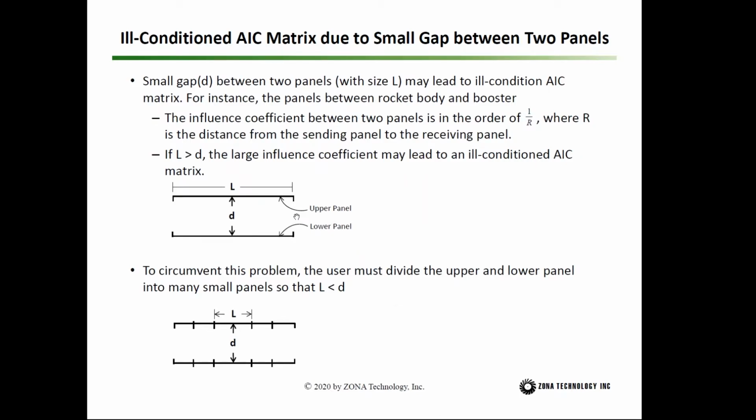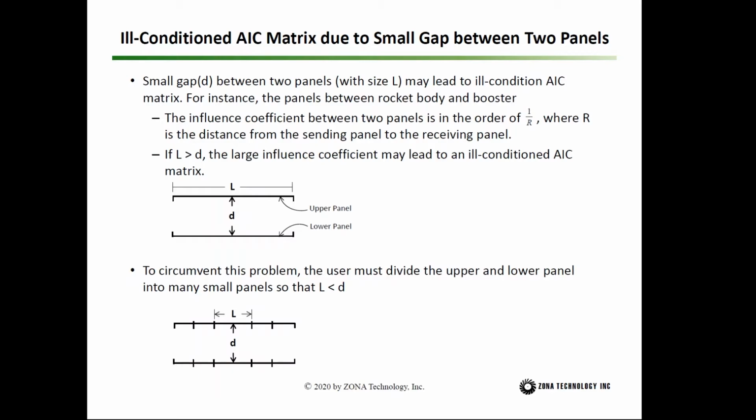Another case: you have two panels that are too close, so you have a small gap d between two panels. The size of the panel is L, and if L is greater than d, this may create an ill-conditioned AIC matrix.